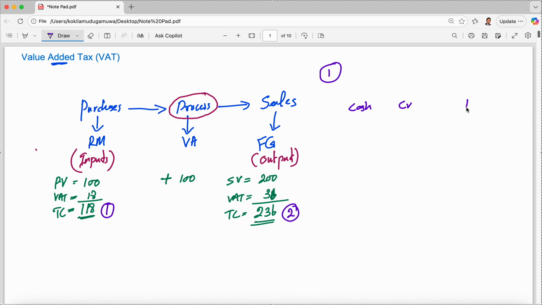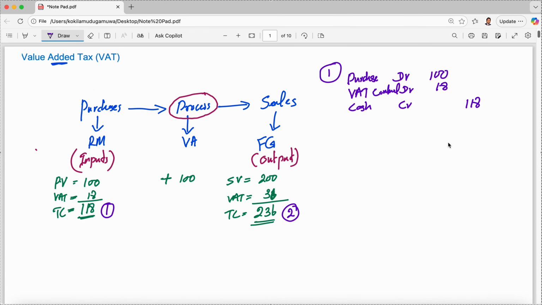How much? 118. And you debit what? Purchases of raw material. You will debit 100. Then the VAT, how much you paid? It goes to the VAT control account, debit 18, right?